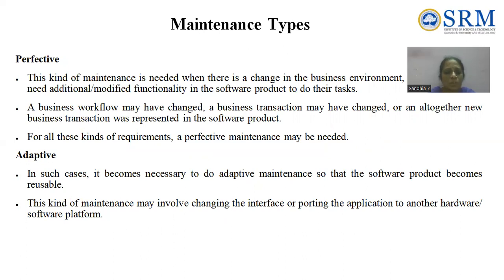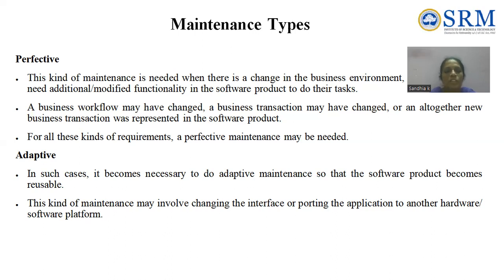Software maintenance is the process of modifying the software product after it has been delivered to the customer or the end user. The main purpose of software maintenance is to modify and update the software applications after delivering the product to the customer in order to correct faults, defects or errors so that we can improve the performance of the software. So I can say software maintenance plays a very crucial role in the software development lifecycle model.